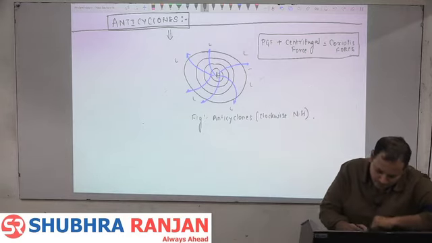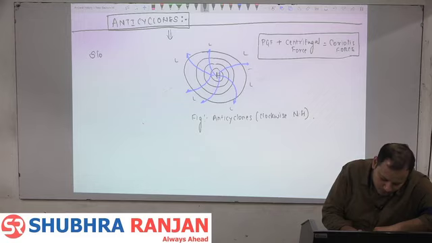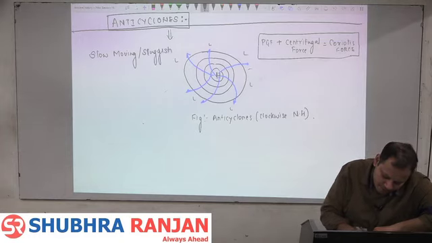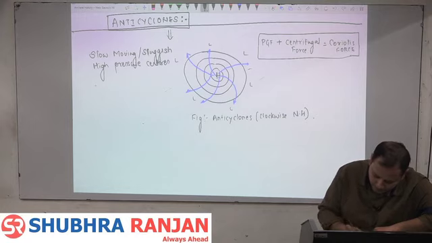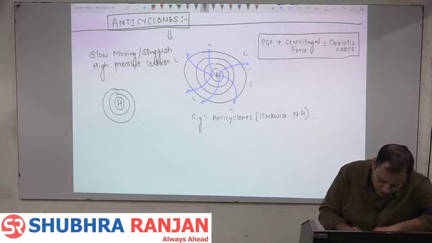So anticyclones are slow moving, sluggish high pressure centers, surrounded by low pressure.